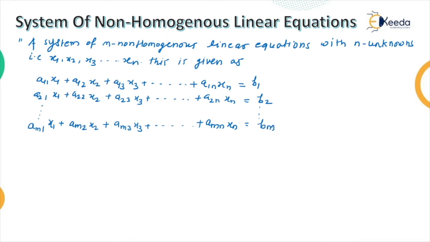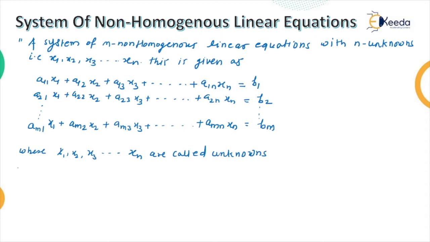So this is a system of m equations, containing m equations and n variables. The variables x1, x2, x3 and so on up to xn are called unknowns.